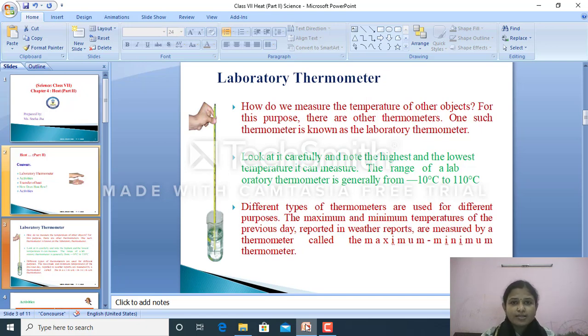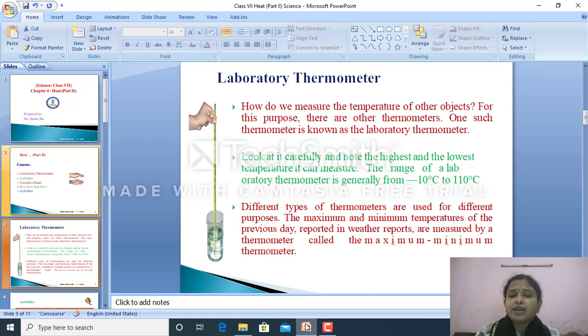Beyond this range, below 35 and above 42, the clinical thermometer cannot measure those temperatures. Its range is only 35 to 42 degrees Celsius, and it is used specifically for the human body. And normal body temperature is how much? It is 37 degrees Celsius.